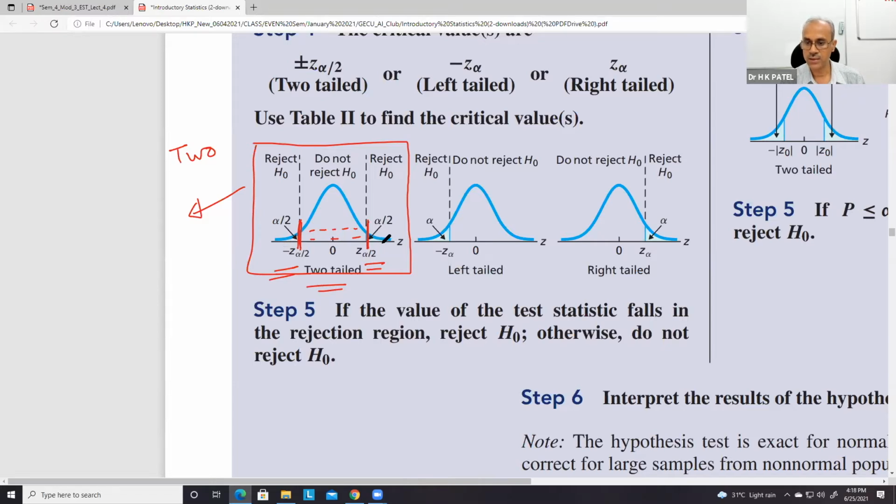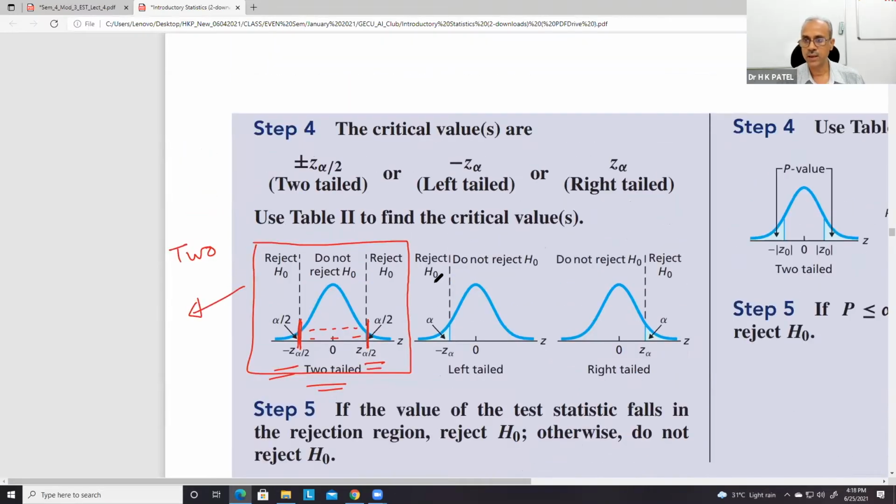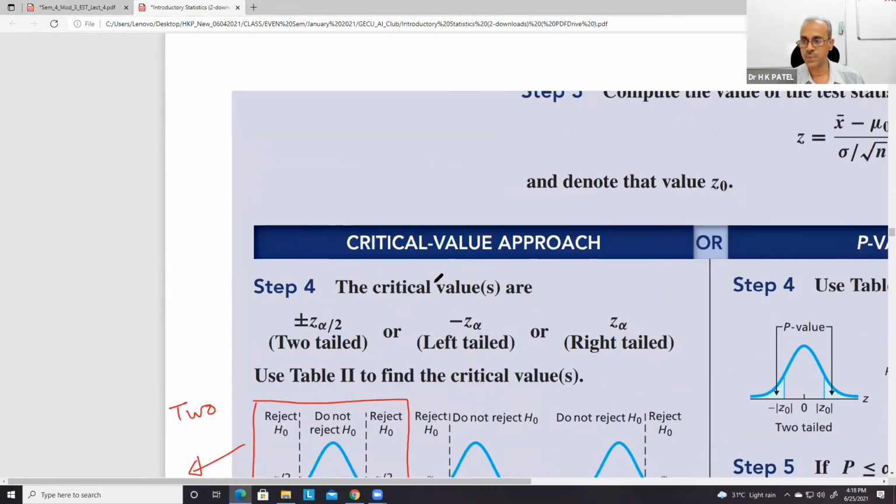If the value lies here, we reject the null hypothesis, though that we will see in detail later on. These numbers, which are called critical values, are used in hypothesis tests like this. Now which two numbers are compared? For example, you can see this problem.